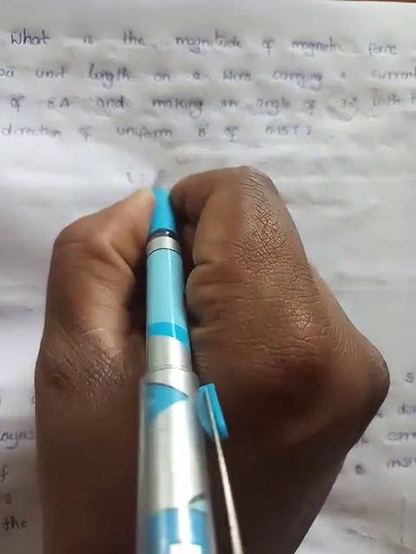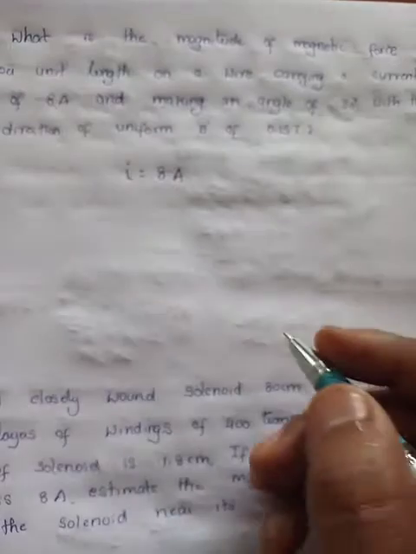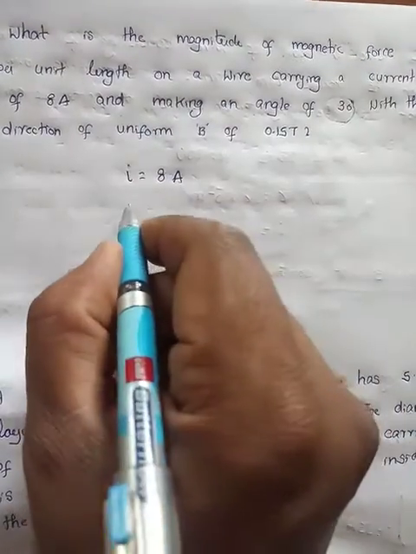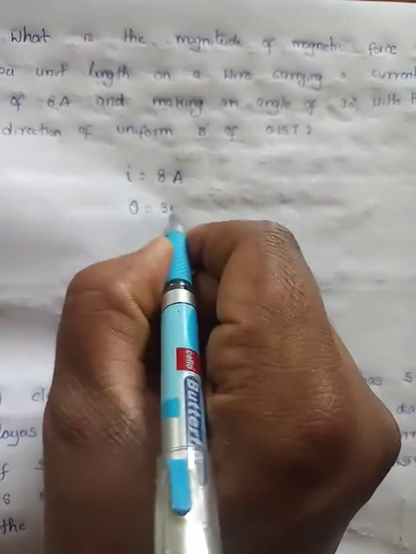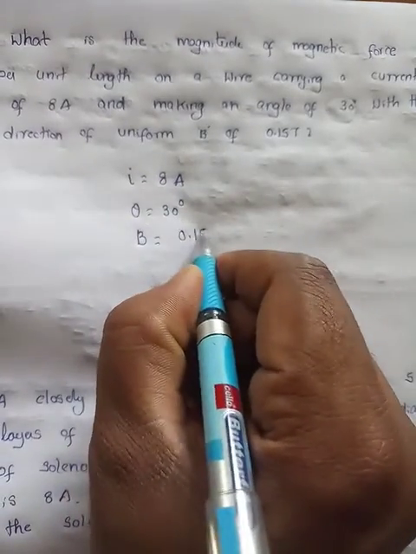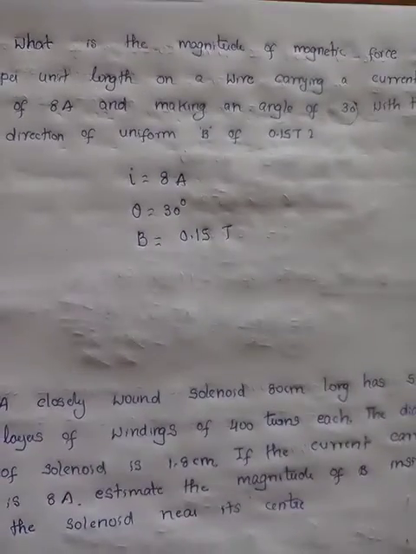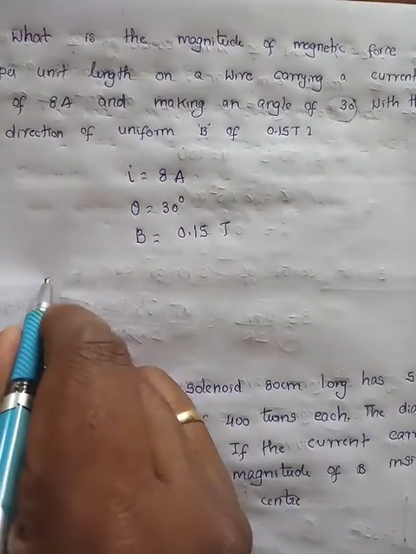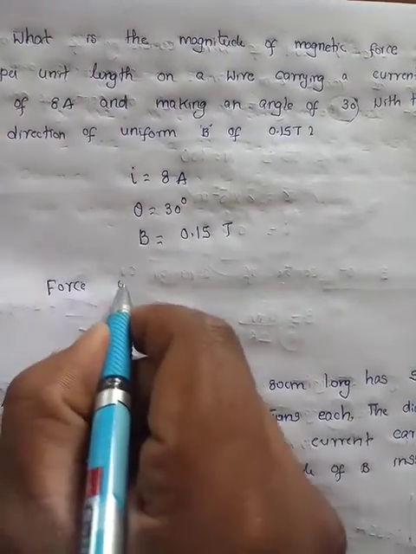I is equal to 8 amperes. It is making an angle of 30 degrees. What is the magnitude of magnetic field? 0.15 Tesla.